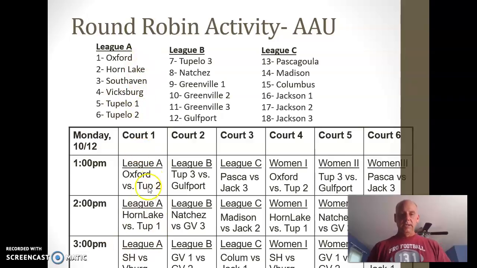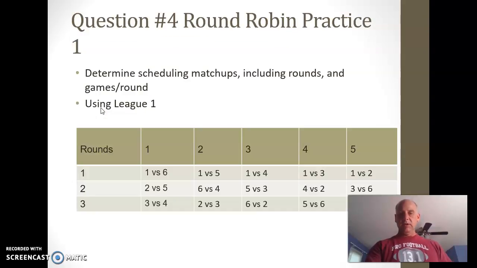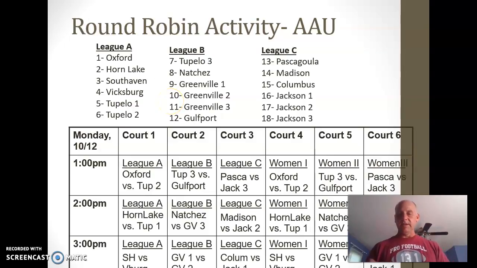This is League 1. In League 1, Oxford plays Tupelo. That's 1 versus 6, the same thing we saw back here. Now we're just substituting the names of the actual teams in there, and that's what the tournament will look like when you put it all together.